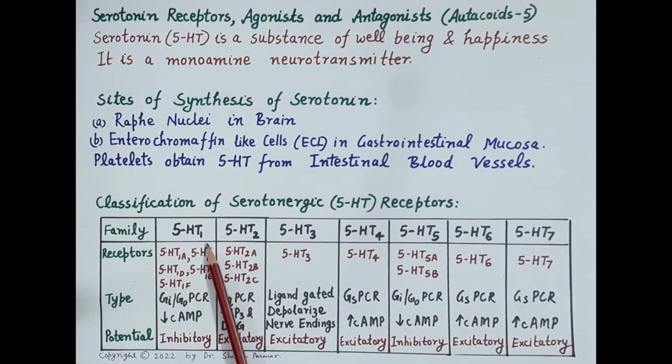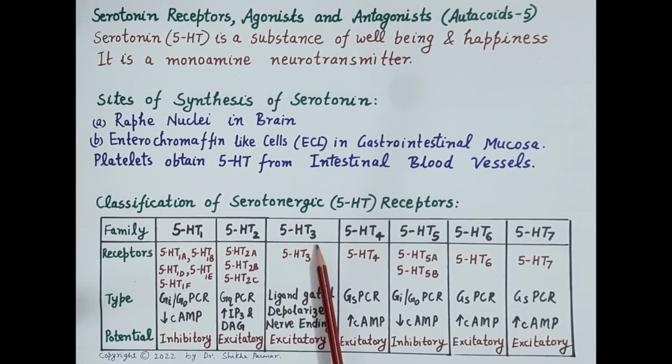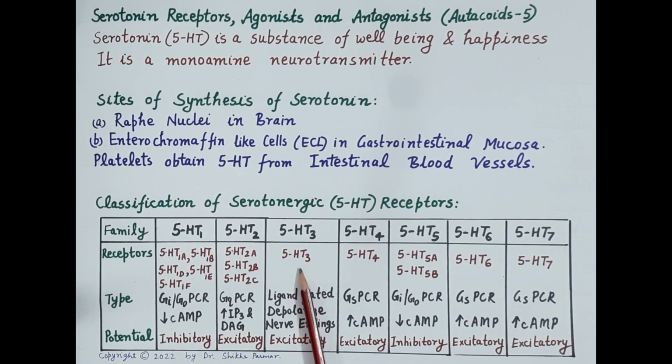5-HT1 family has 5 receptor subtypes, namely 5-HT1A, 1B, 1D, 1E and 1F receptors, while 5-HT2 family has 3 receptor subtypes, that is 5-HT2A, 2B and 2C receptors. 5-HT3 family has only one receptor, that is 5-HT3 receptor, and 5-HT4 family also has only one receptor, that is 5-HT4 receptor.